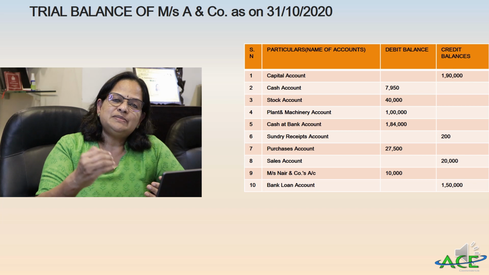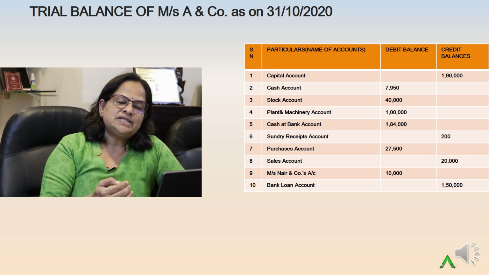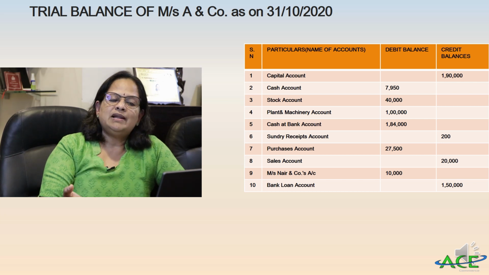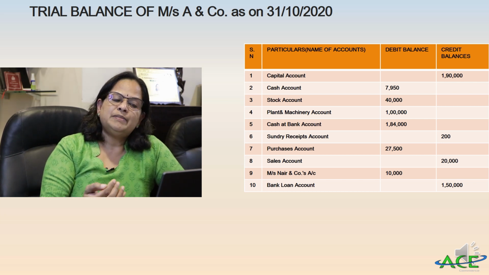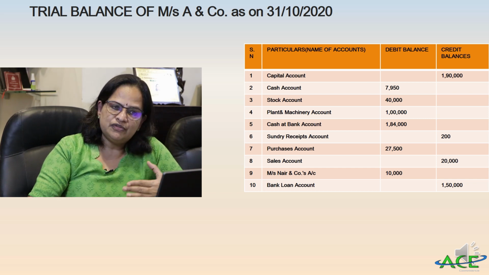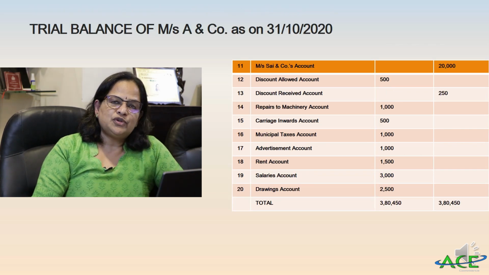Now sundry receipts credit 200, purchases account 27,500, sales account credit balance 20,000, Messrs. Nair and Company's account 10,000 debit balance, bank loan account 1,50,000, it's credit. They have to repay that.